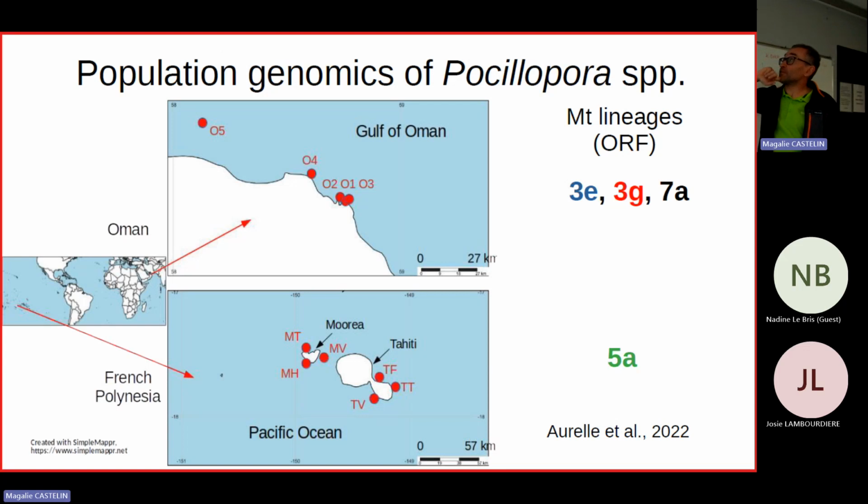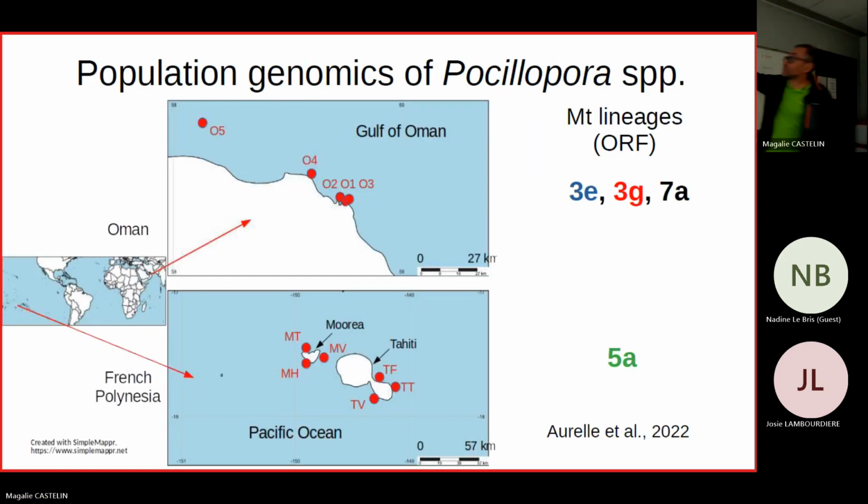So these are different sequences of mitochondrial DNA, but according to Pauline Gélin and so on, these could be the same species. And in Polynesia, we had another lineage, 5A, which is probably a different species. When we use RAD sequencing, we will not present this, but this was very clear, the distinction Oman, French Polynesia.